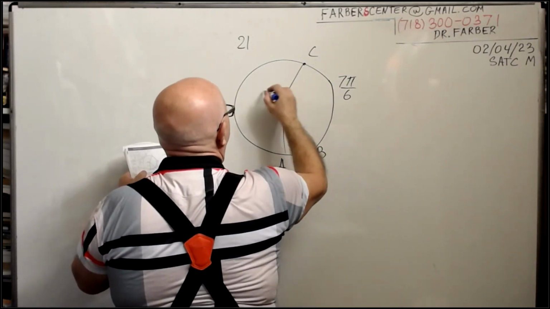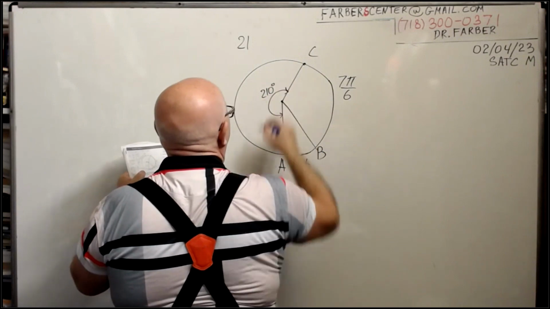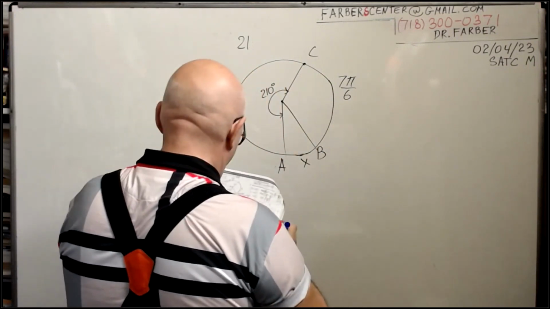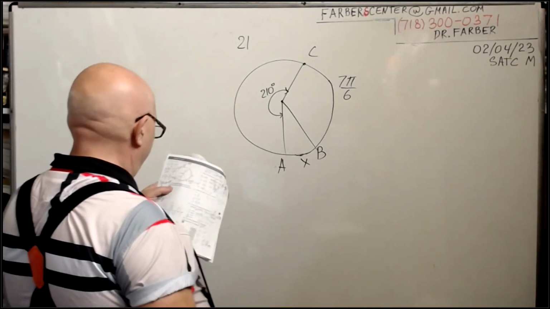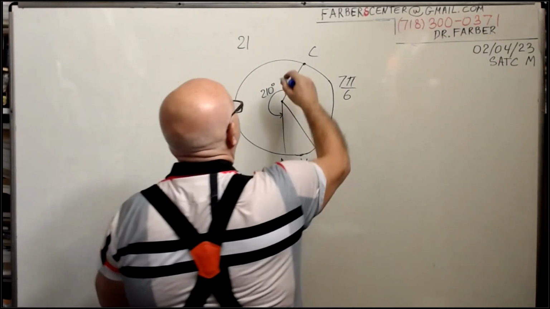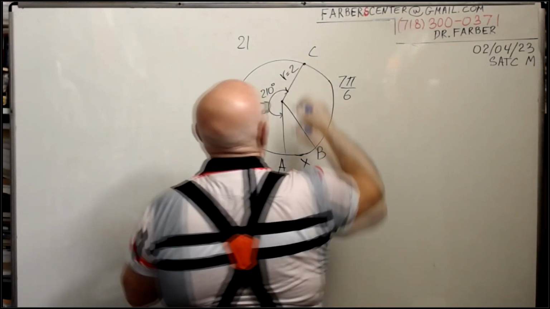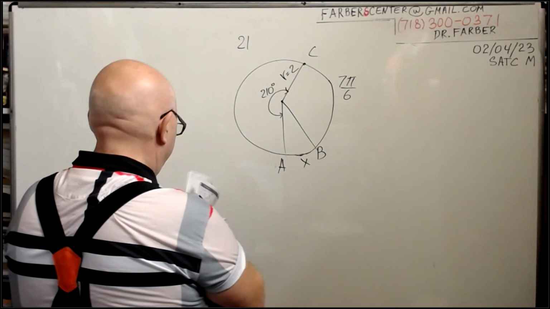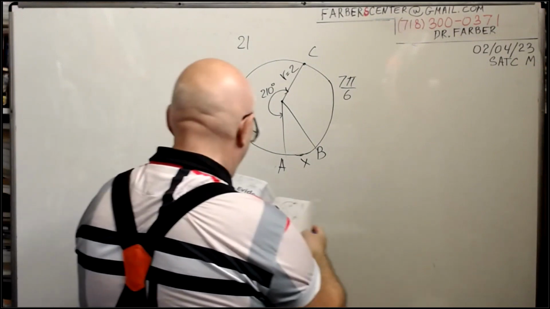Reflex angle 210. Okay. Length of radius is 2. Don't forget, they give everything, you have to use it. You have to find x. Find the value of x.